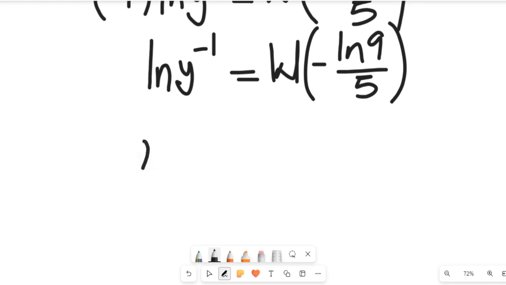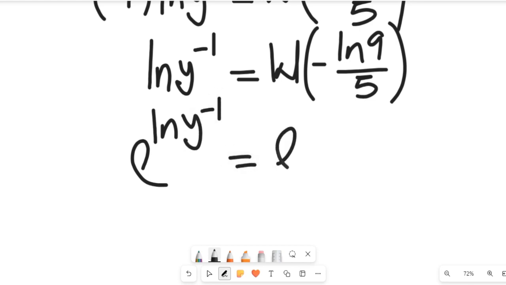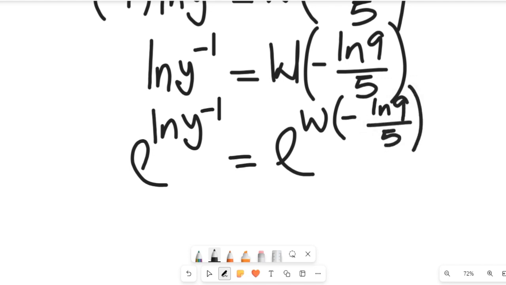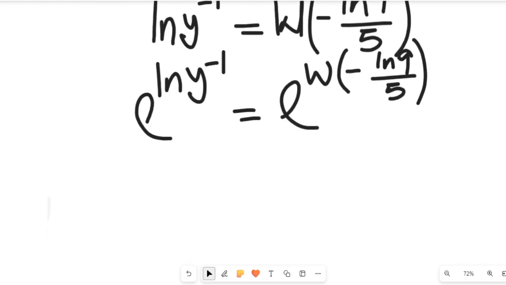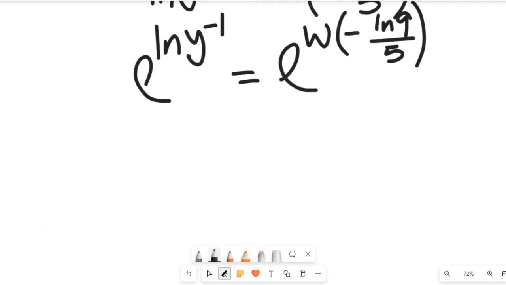So if I take the natural exponent of the natural log of y to the power of minus 1, this will give me the natural exponent of the W function of minus natural log of 9 divided by 5.